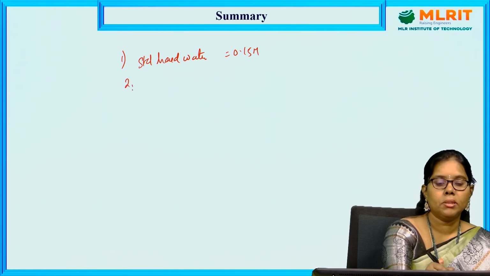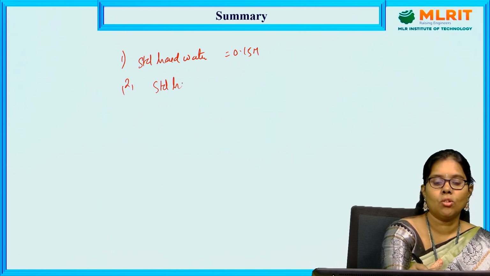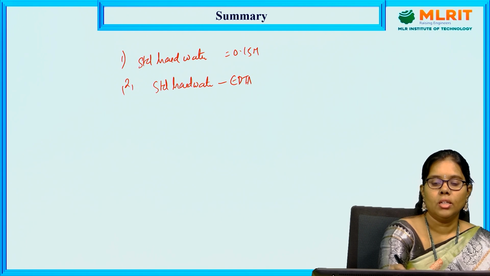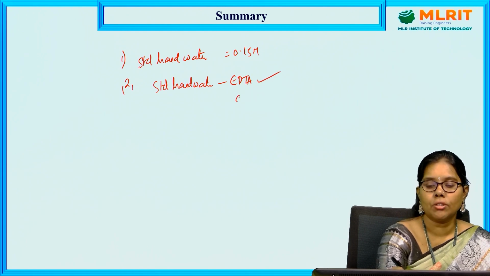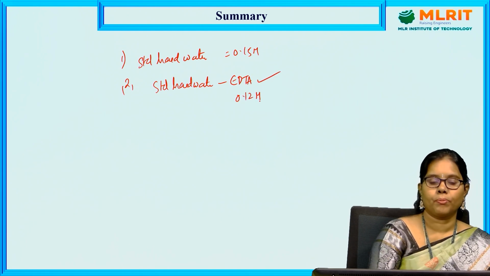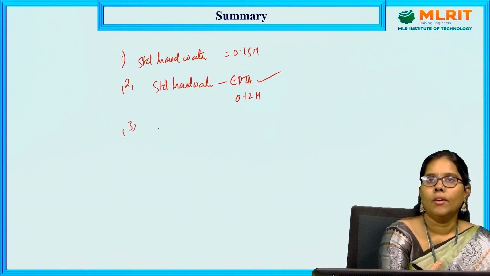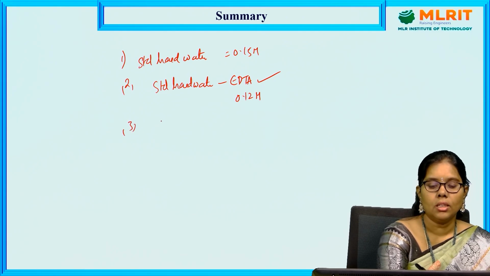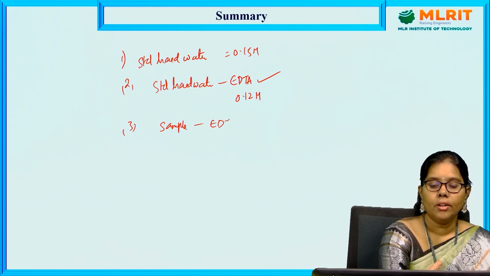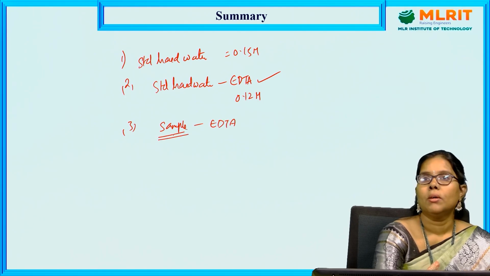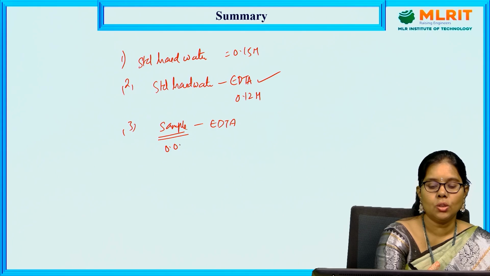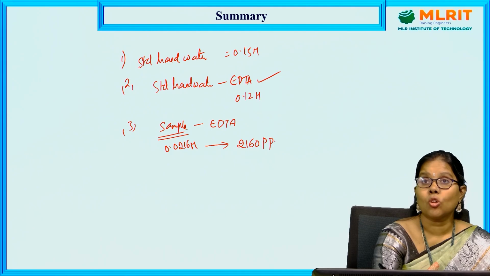The second step is the reaction between the standard hard water and EDTA, where we determined the EDTA concentration of 0.12 molar. In the third step, the reaction between the sample water and EDTA, we found the sample water molarity of 0.0216 molar, and from this we got 2160 ppm of total hardness.